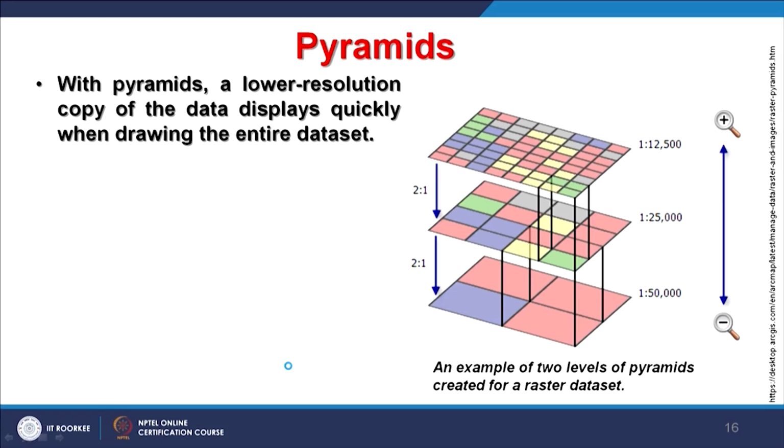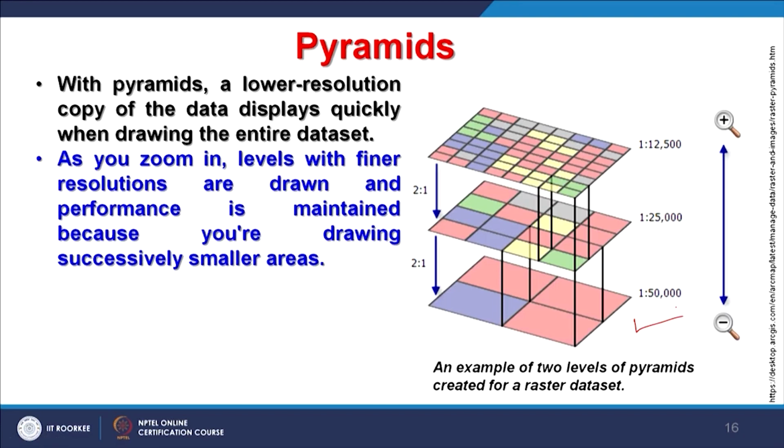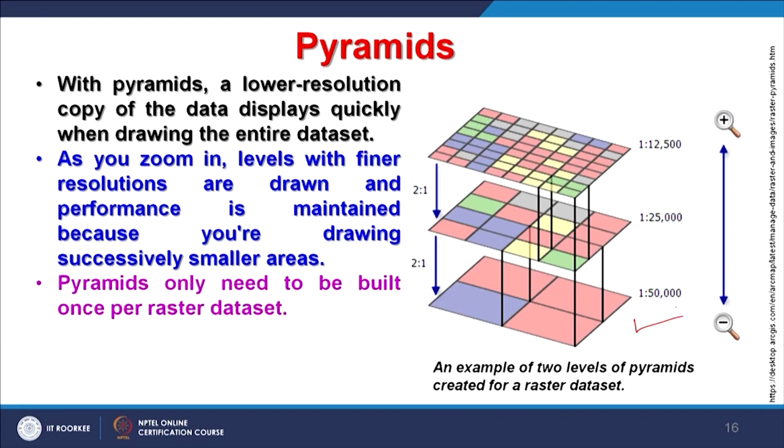The lower resolution copy of the data is displayed quickly, of course, because at this level it covers a large area, only 4 pixels in this example have to be displayed, so it will come. As you keep zooming, it may take some more time to draw or display your data, because now it has to display say 8 by 8 instead of 4 by 4. And pyramids only need to be built once per raster data set.